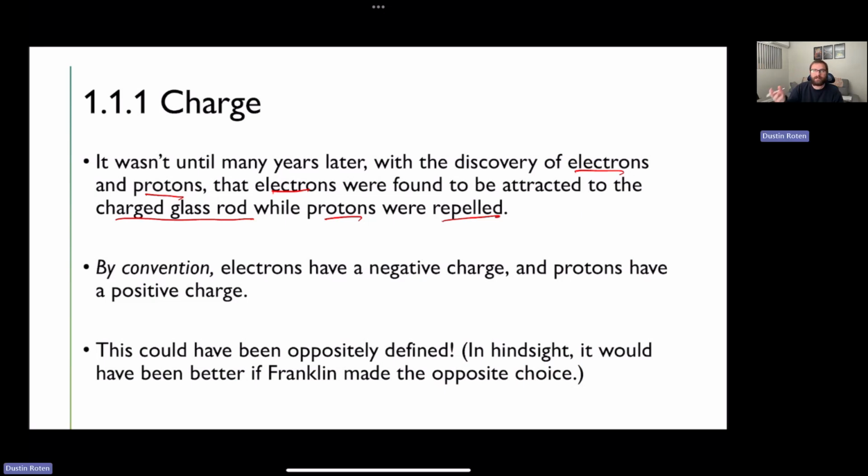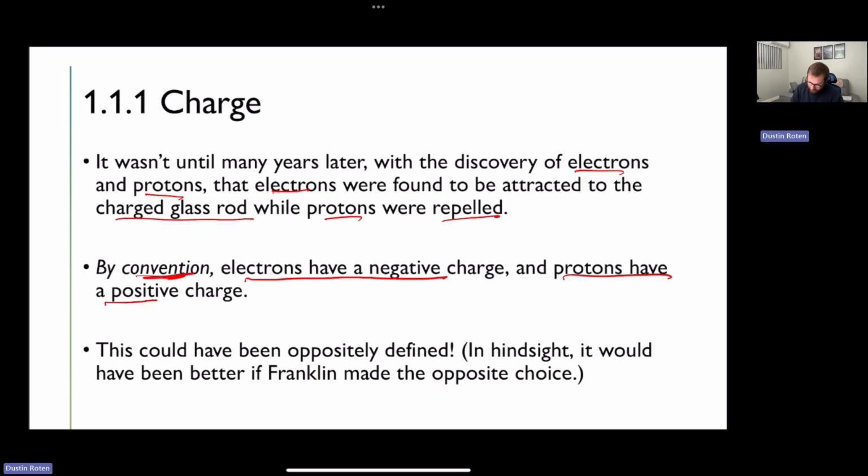So this tells us, and you can sit there and think about it, or just follow along in the text, it explains this as well. So by convention, that's important. By convention essentially just means this is the way we defined it. You have to deal with it. So by that original definition, electrons have negative charge, protons have positive charge.